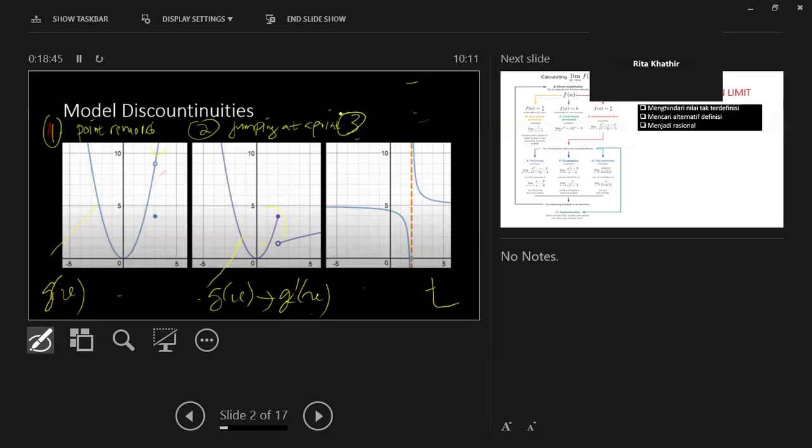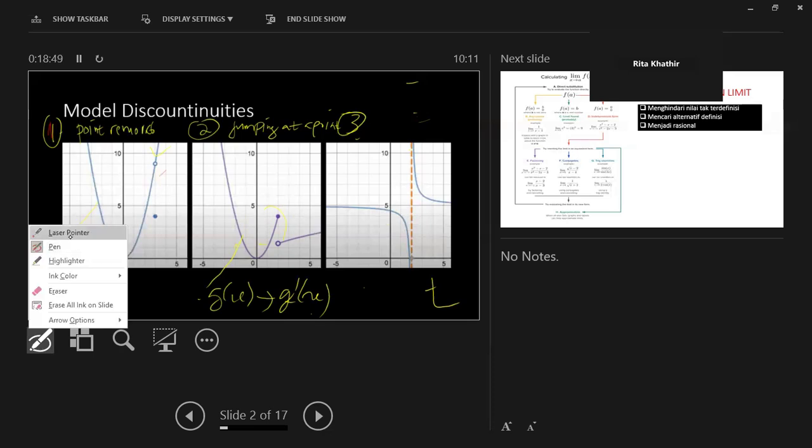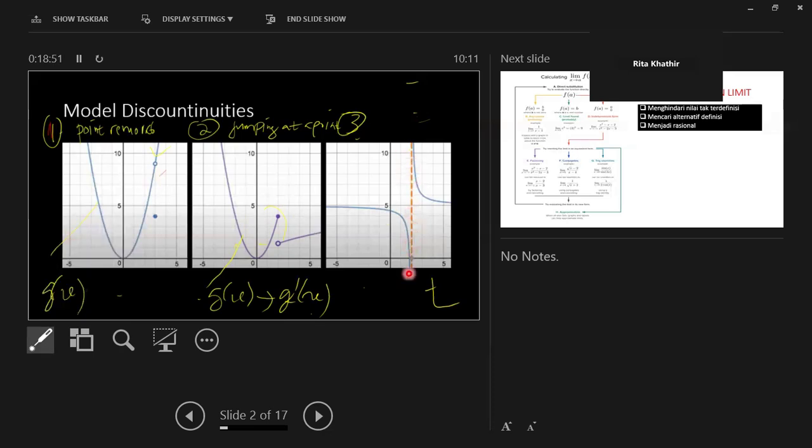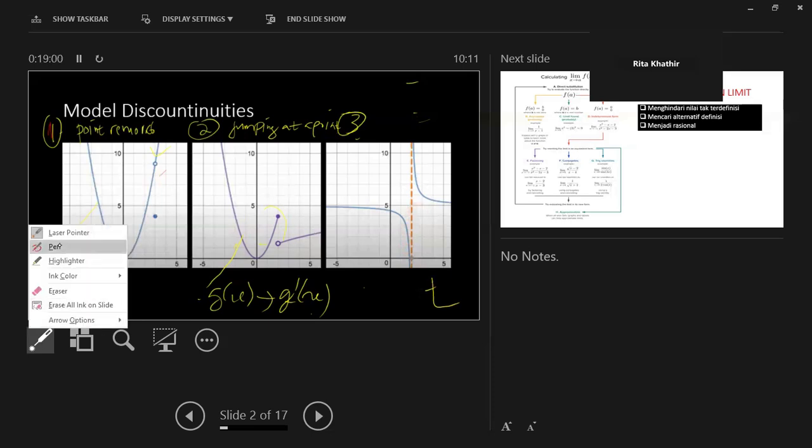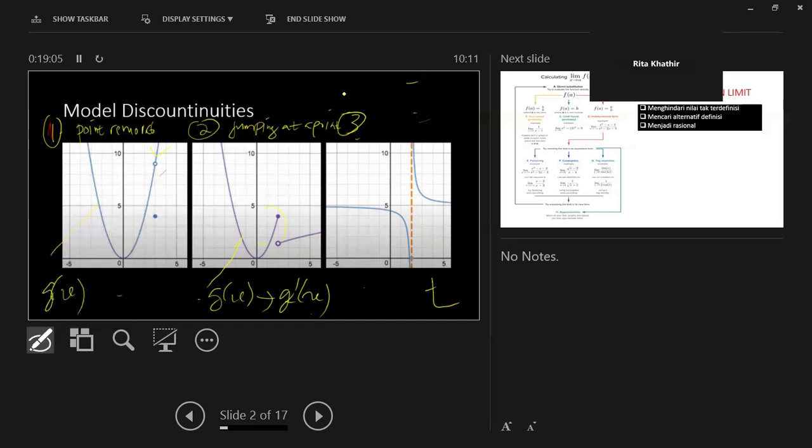And for the third discontinuity, you see this red line? Somebody now, what is the name for these red lines? Somebody remember? Asymptote. Asymptote. So here we say asymptotic discontinuity.